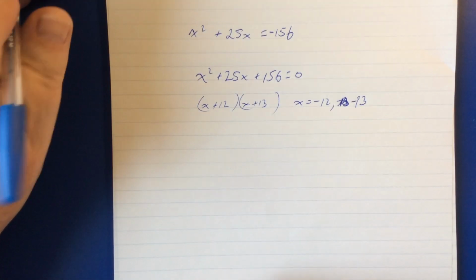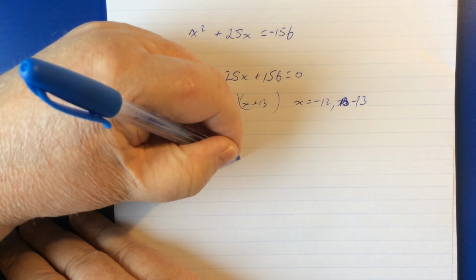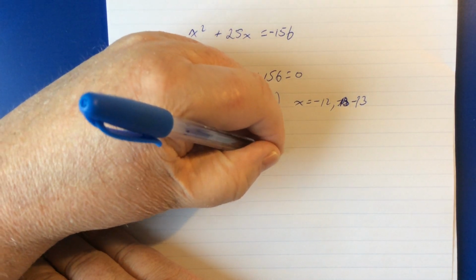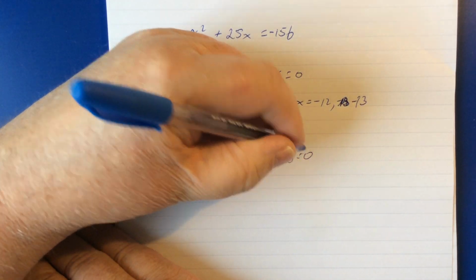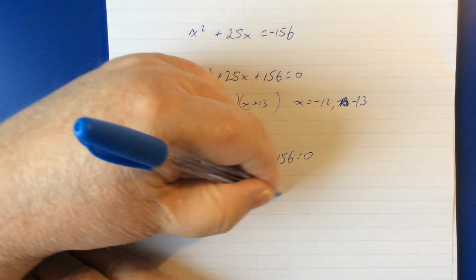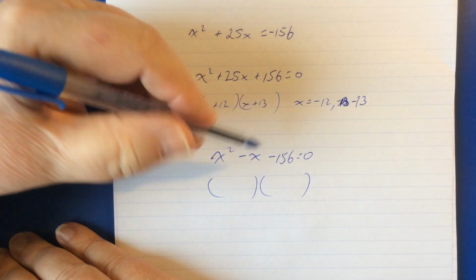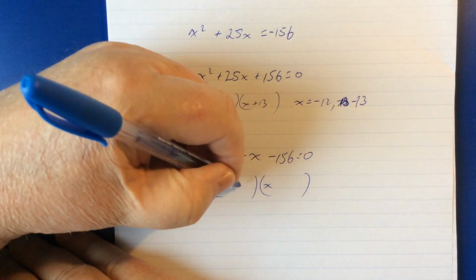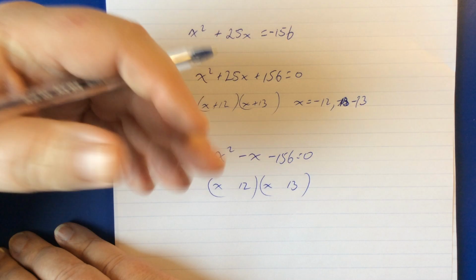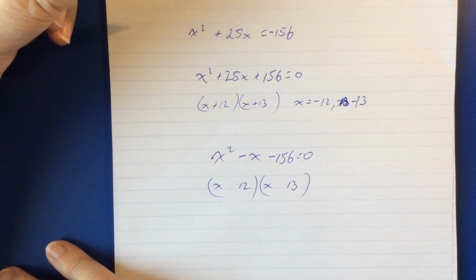So I'll give myself some room here. x squared minus x minus 156 equals 0. So we know that unless we're sadly mistaken, we have 12 and 13 as parts of the solution here.